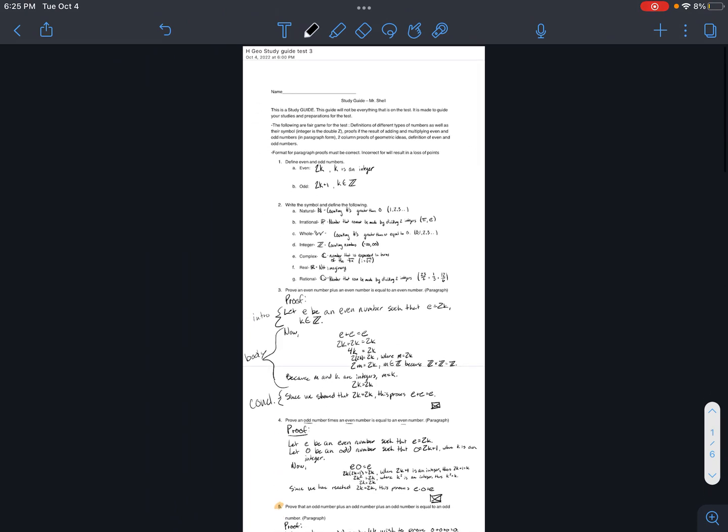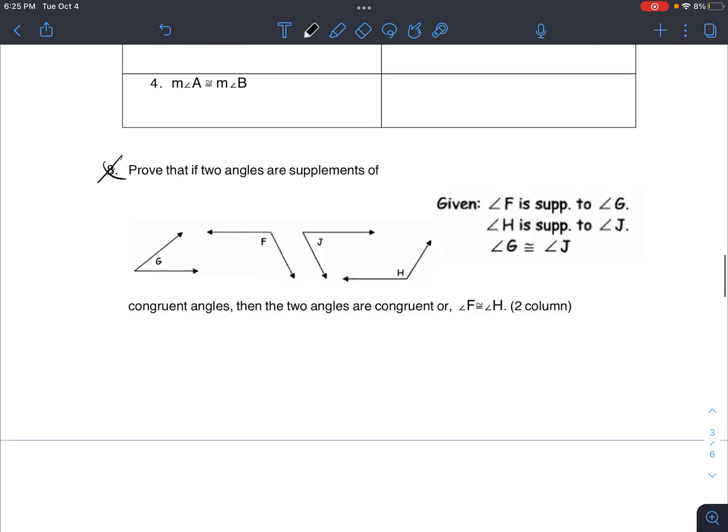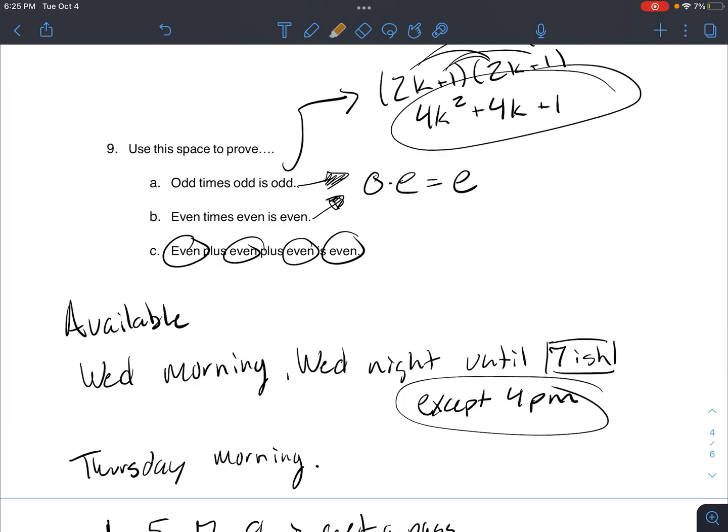All right. Anyway, do your best. Try to prove these ones. Don't just stop here. Take a look at these. Some of these proofs are going to be showing up exactly on the test as they are on this study guide. So don't just try to memorize them as well. Try to actually understand them.